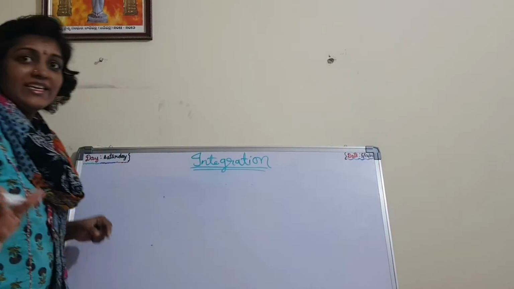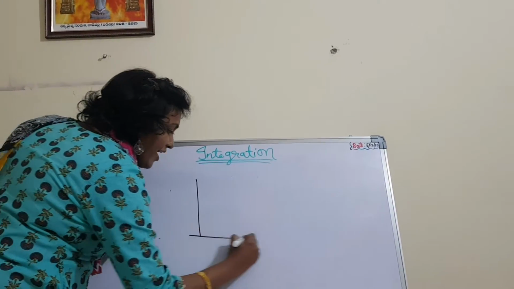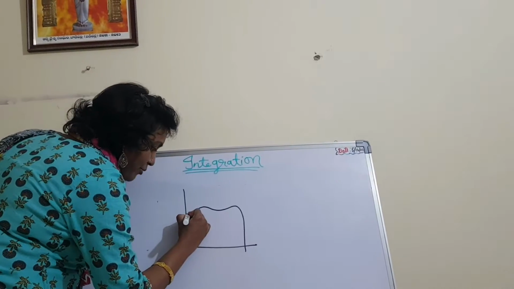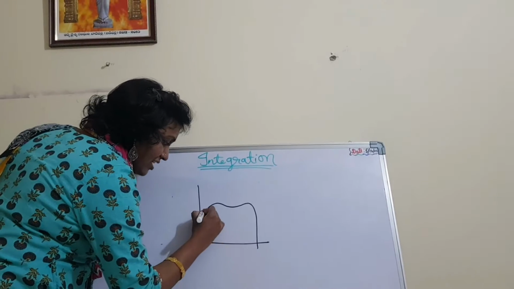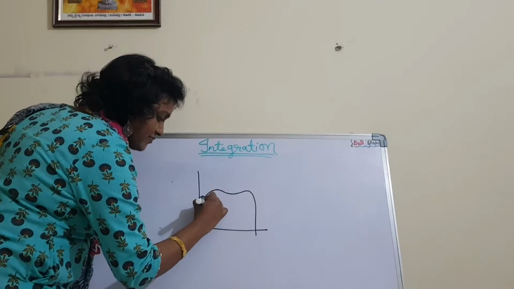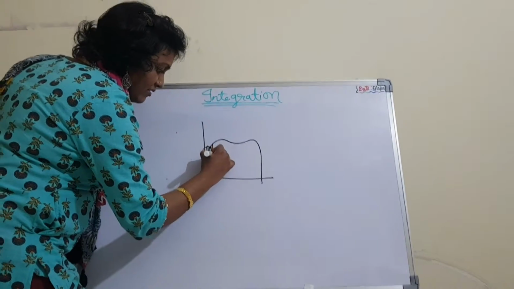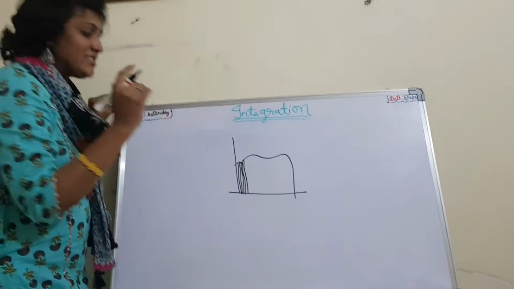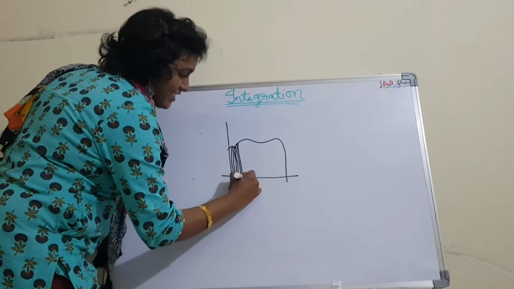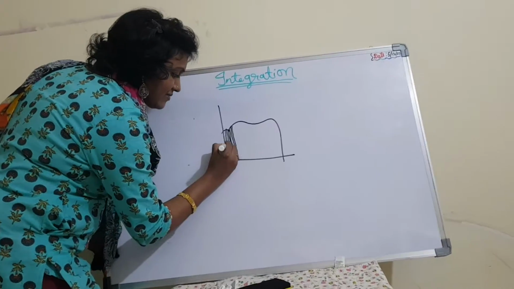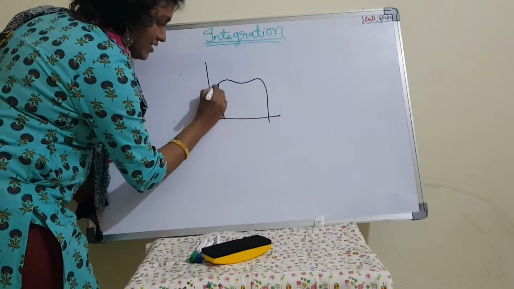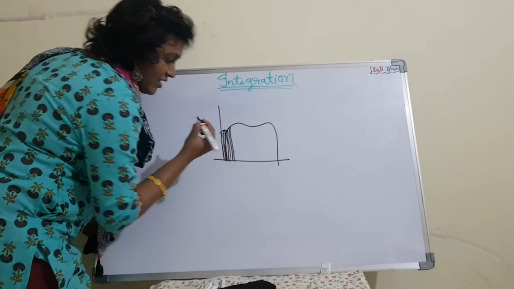The curve is divided into very small areas. Very small means approximately 0. Then we'll get rectangles. See here, this is one rectangle, this is one rectangle, like this.